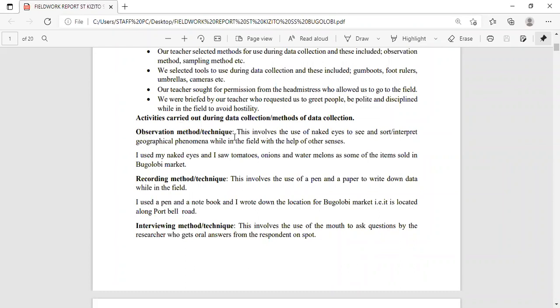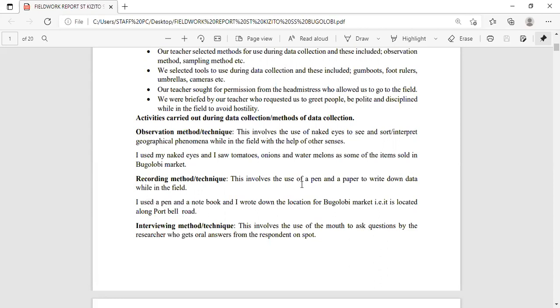Now, this is what we call the actual stage, the data collection stage, methods, among others. The method, you define it as you can see. Observation involves use of naked eyes and sorting or interpreting information as gathered in the field, as well as with the help of other senses. Then, I used the naked eyes. I saw tomatoes sold in the market.